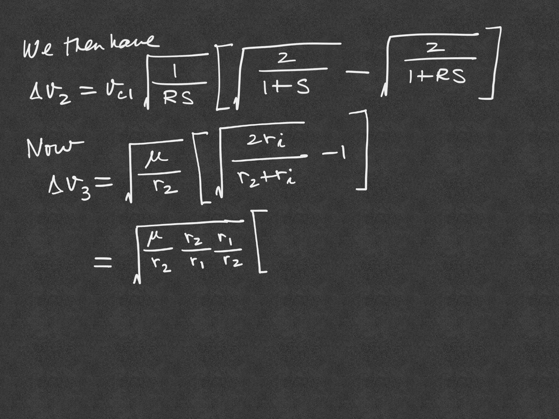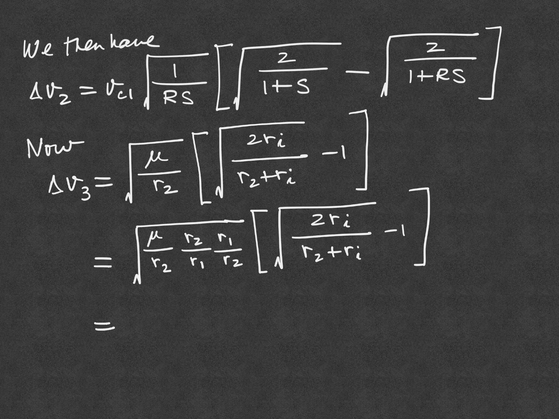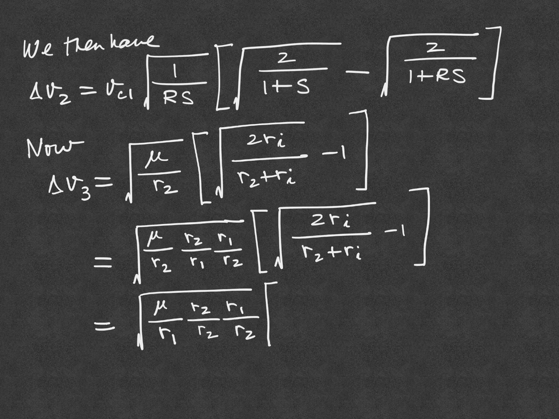And then inside the brackets, I still have the square root of 2Ri, all divided by R2 plus Ri minus 1, which can be rewritten as follows, and I'm just going to move these quantities around, so I get the square root of mu over R1 times R2 over R2 times R1 over R2, and then I have the square root of 2Ri, all divided by R2 plus Ri minus 1.